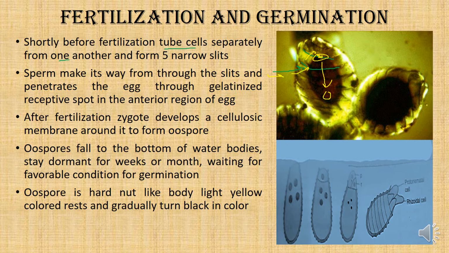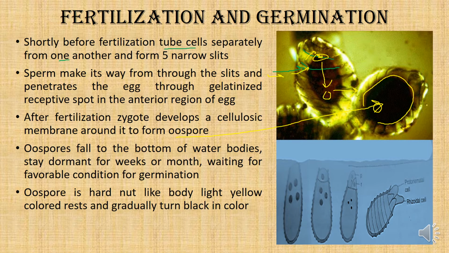So after that, entire outside of the egg, there is a membranous deposition, and this deposition is cellulosic in nature, and at this stage it is called the oospore. So this is the oospore.